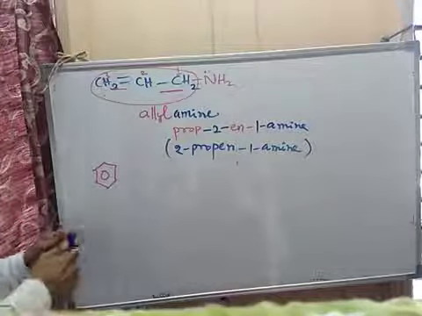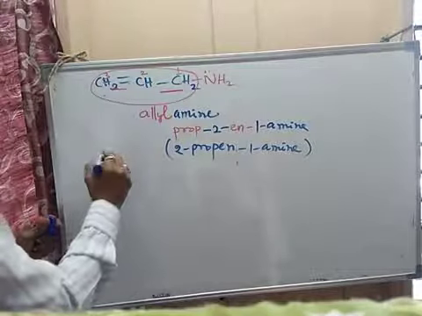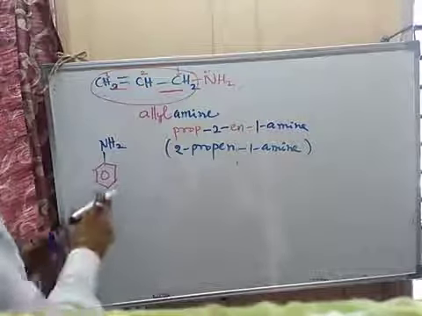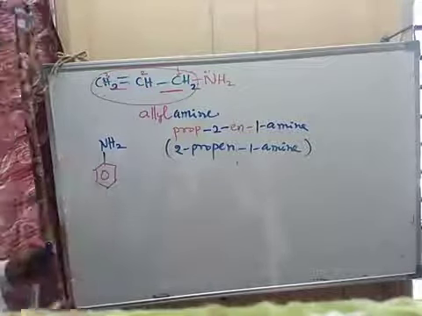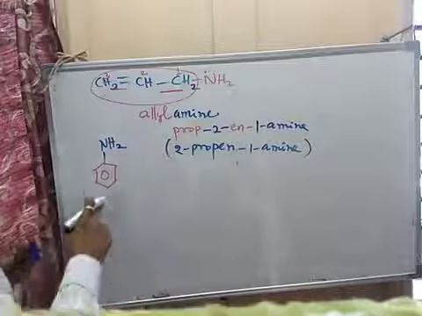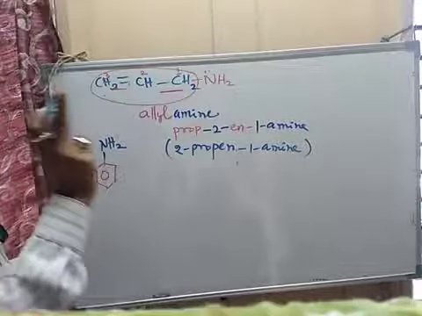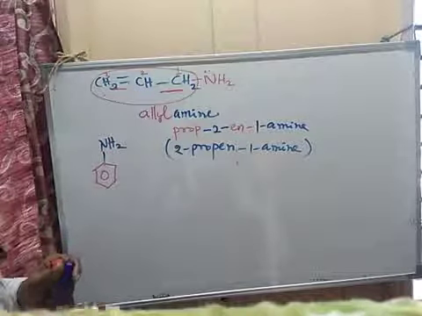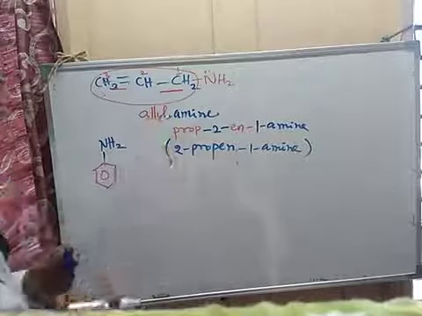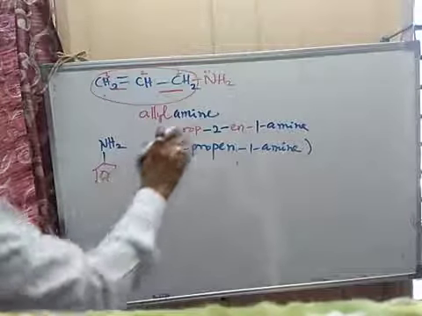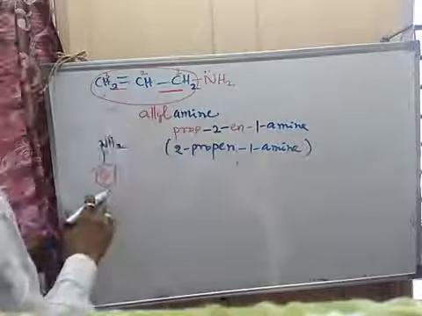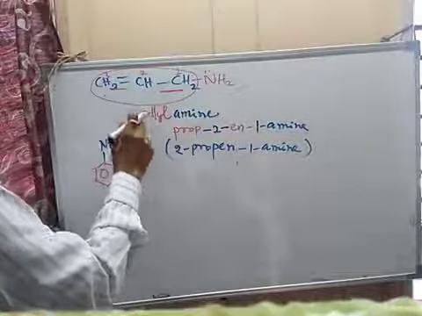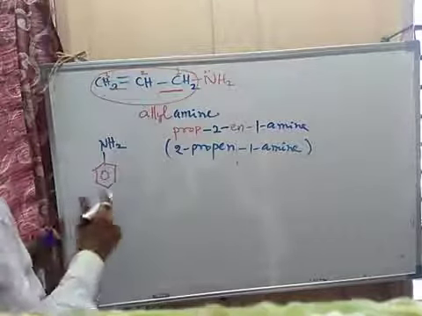At any one corner, you just write NH2, classified as a primary amine, and that NH2 is attached to the benzene ring, so it is an aromatic primary amine, very very important. Previously this was an aliphatic primary amine, and especially allyl amine is aliphatic unsaturated.